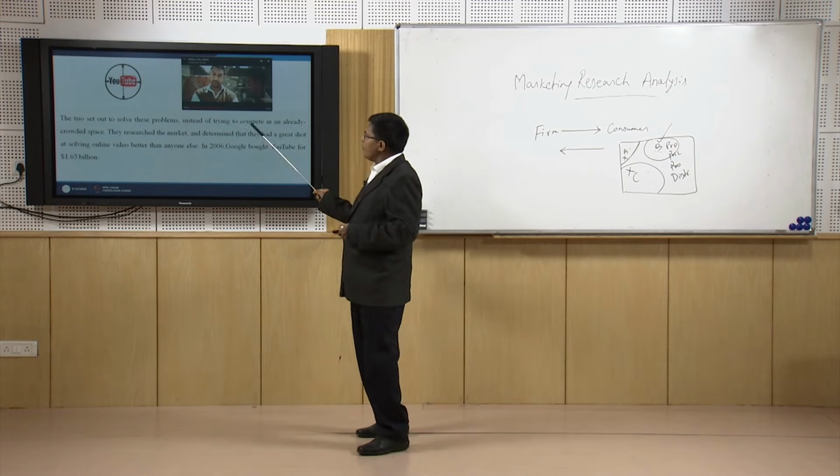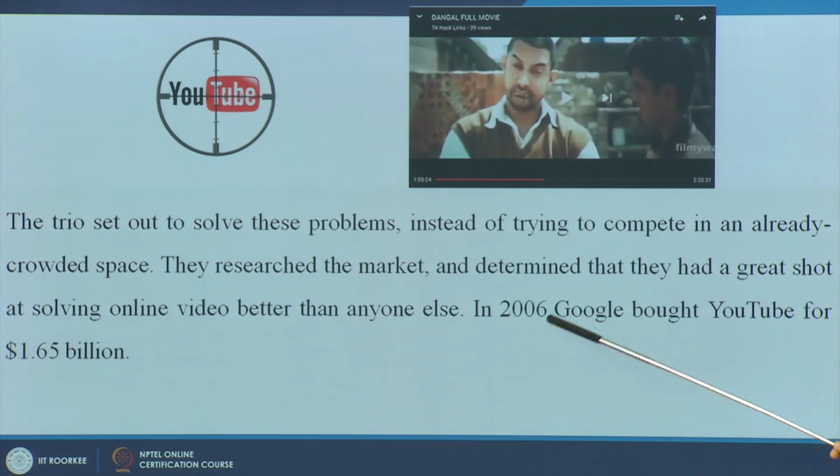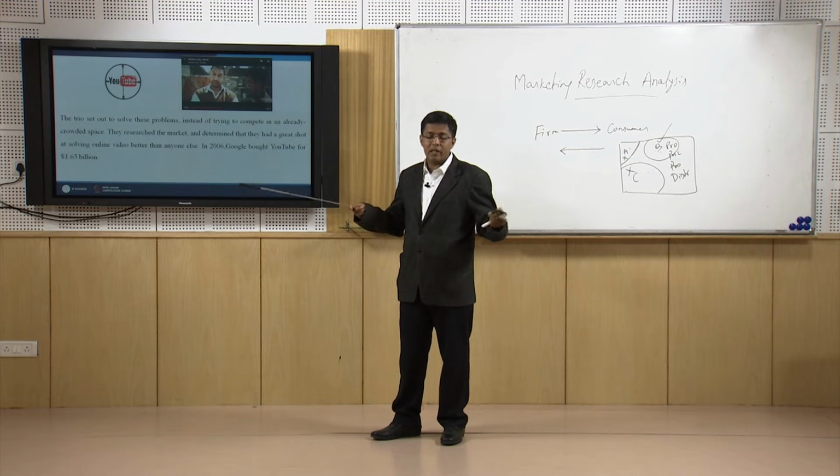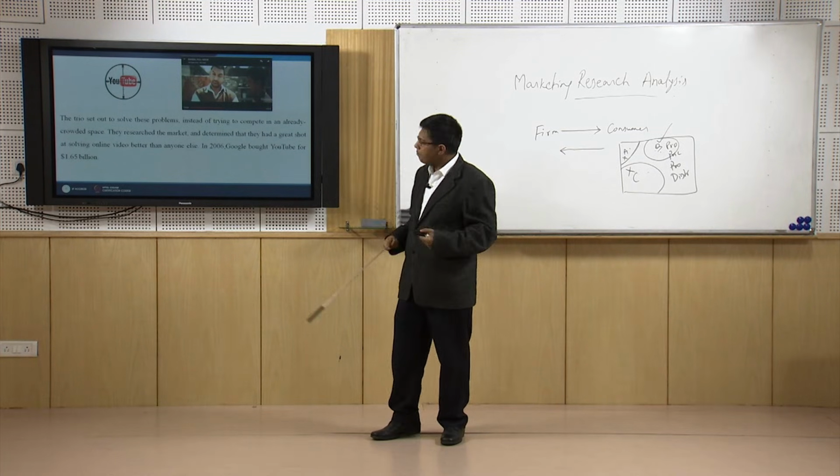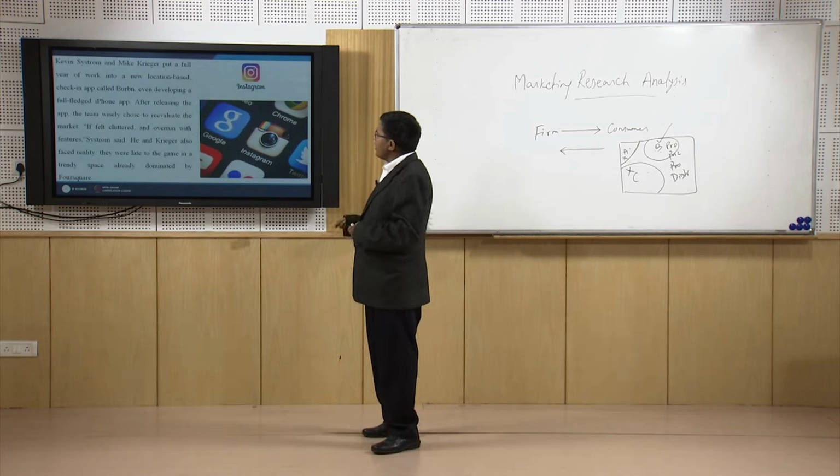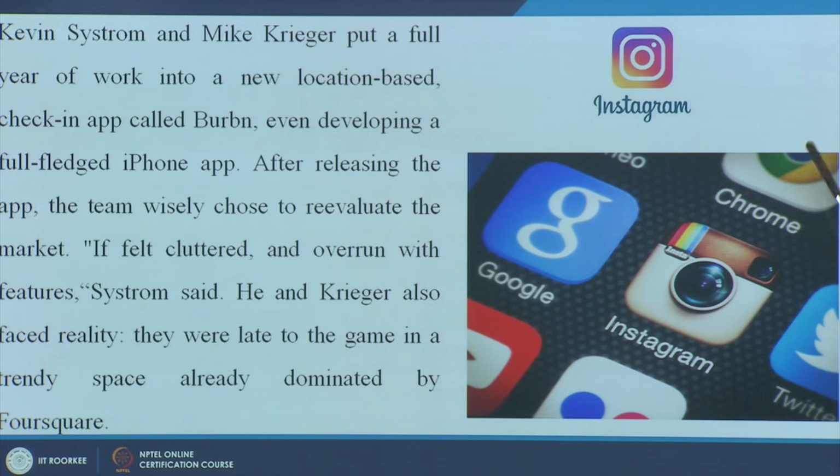And what came up was YouTube, which was bought by Google for 1.65 billion. So, who could think that such a small idea could become such a large organization and such a large profitable venture? Similarly, there are so many other examples like the case of Instagram.